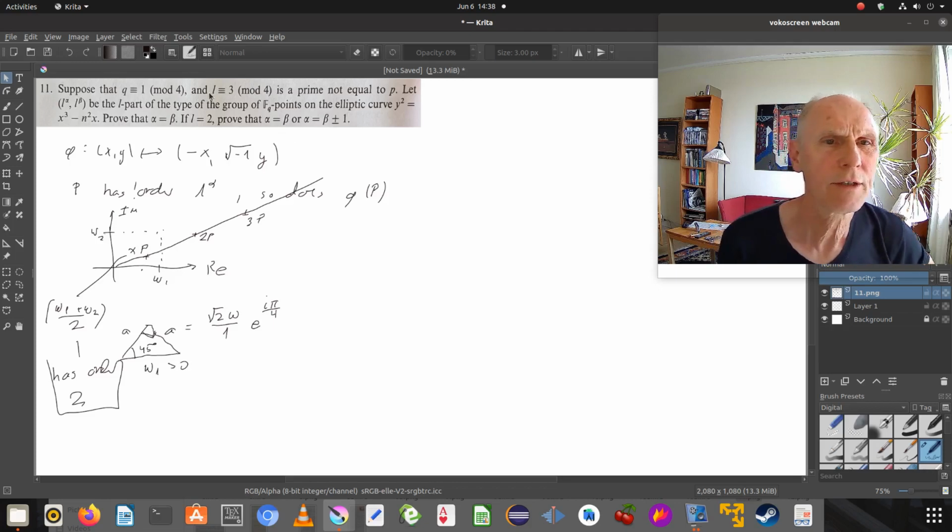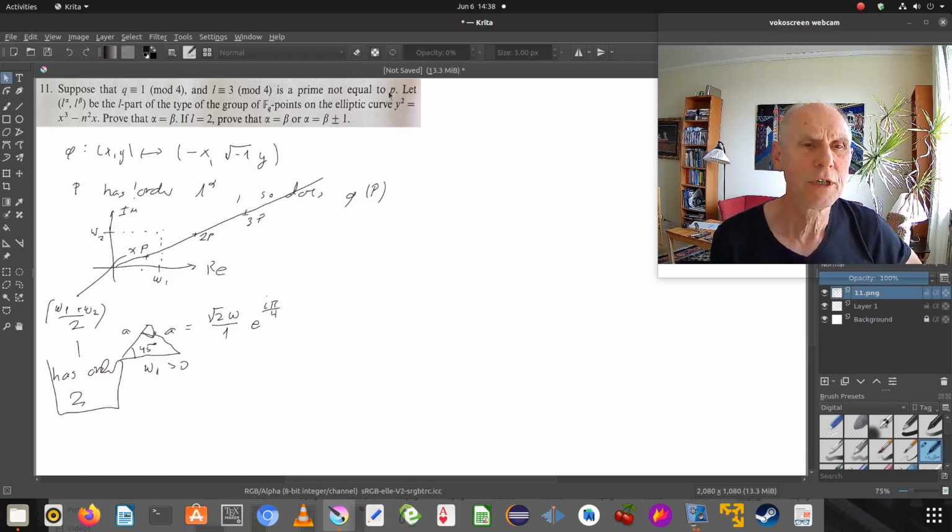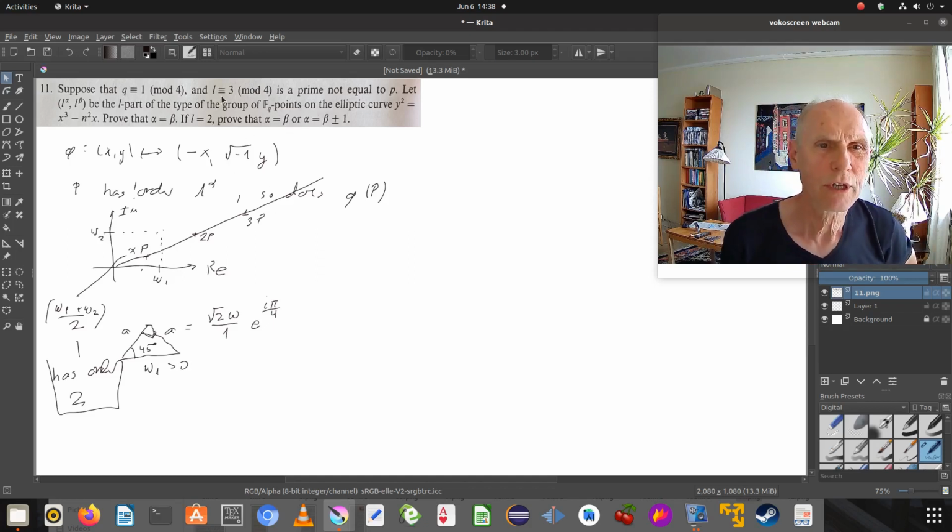Oh, the other thing is, up here, L needed to be equal to 3 modulo 4 and not equal to p, and I didn't find those exceptions, so let's work on that first. Where did I use that L wasn't, say, 5?